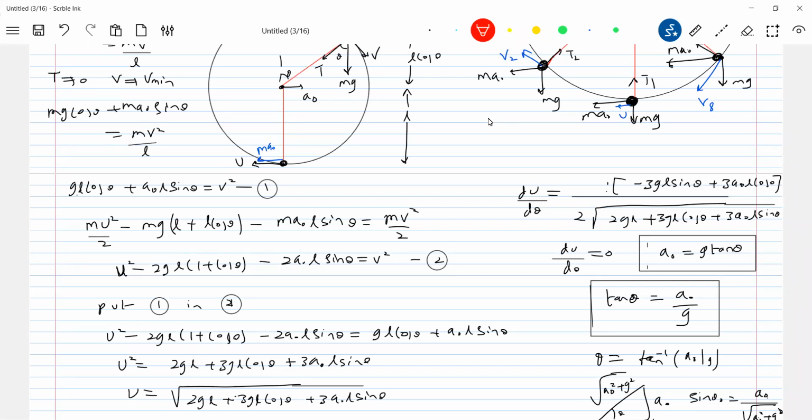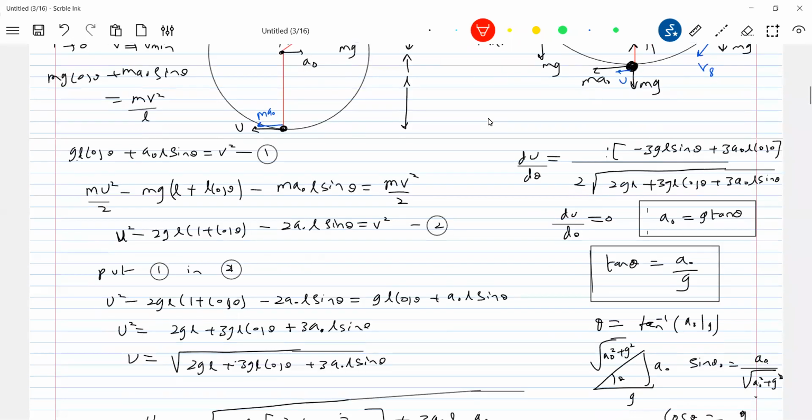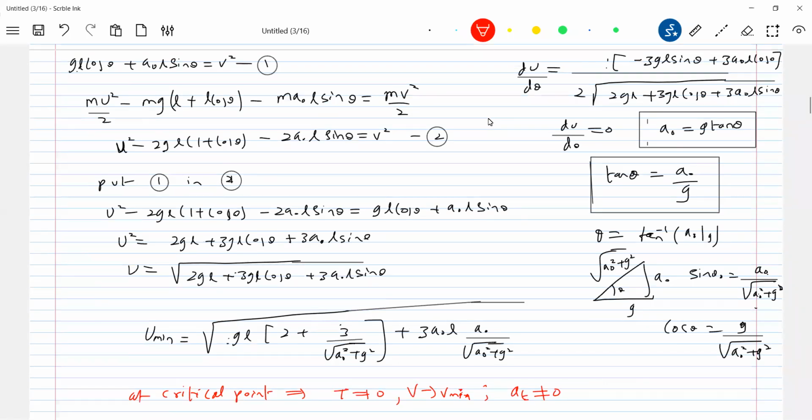So I got a relationship for theta. Okay, now you calculate the critical velocity there. So what should be the critical velocity? Now you can substitute that. You'll get the critical velocity.